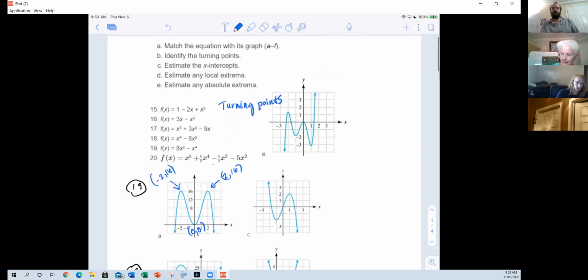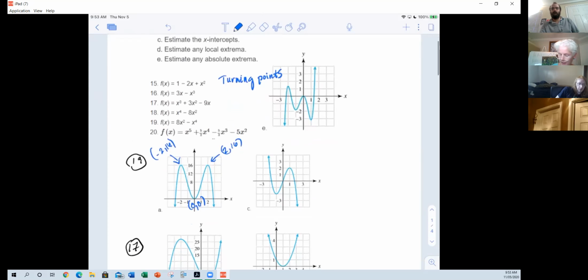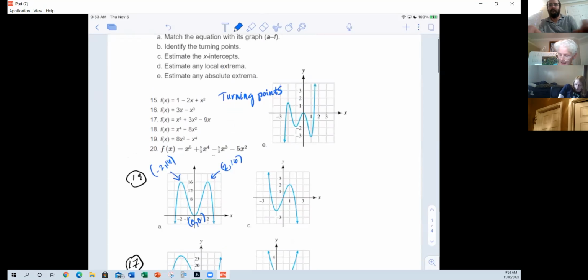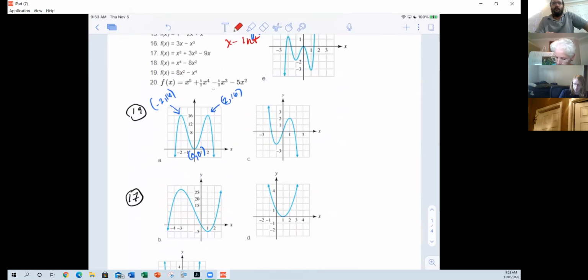And then estimate the x-intercepts. The x-intercepts are where it crosses the x-axis, so I'm going to do those in red. The x-intercepts look like they're 2.8, 0, 0, 0, and negative 2.8, 0.